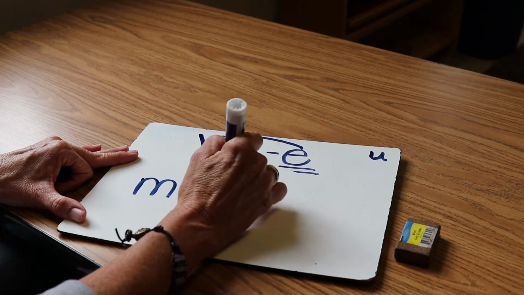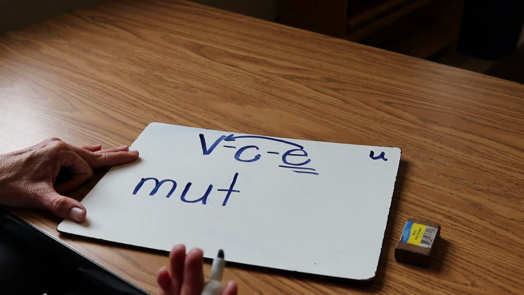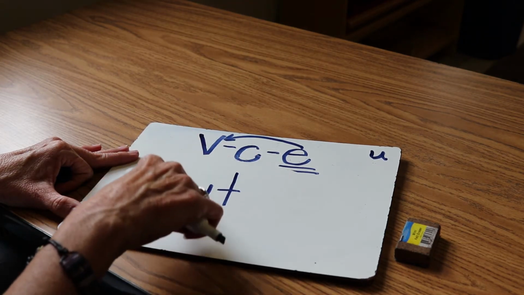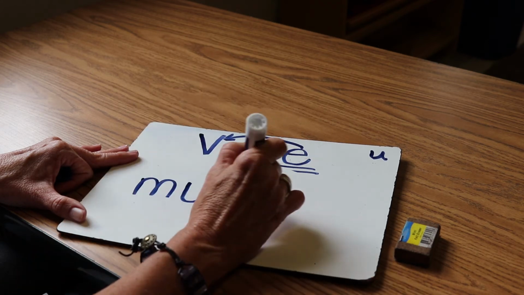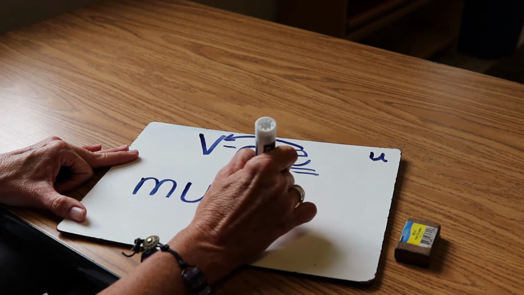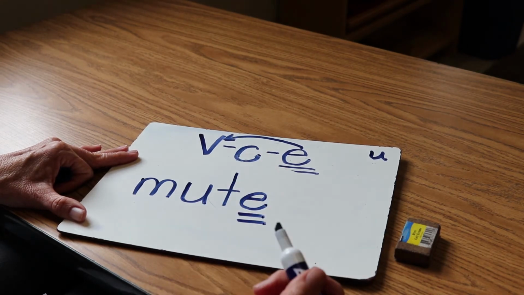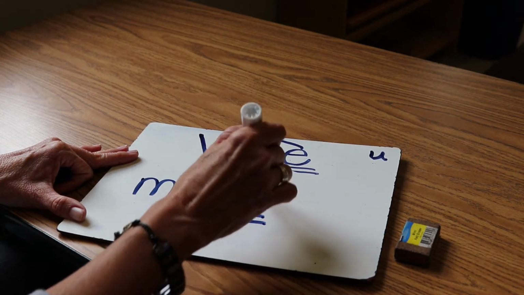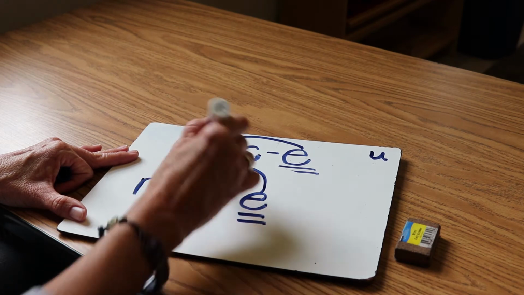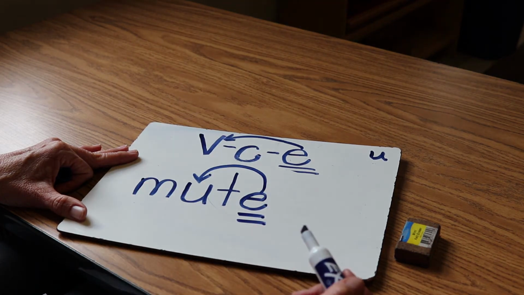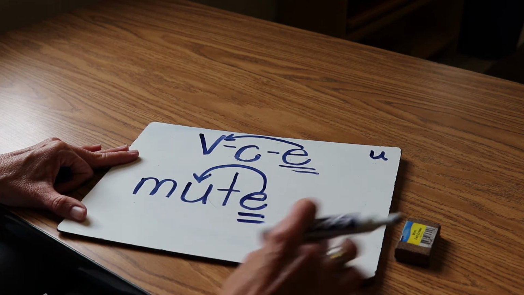U, t. And we can't just leave it like that. Since this is the long U sound, we have to put that silent final E on there. And remember, our rule is when we have that silent final E, it jumps back over and makes that vowel say its own name, mute.